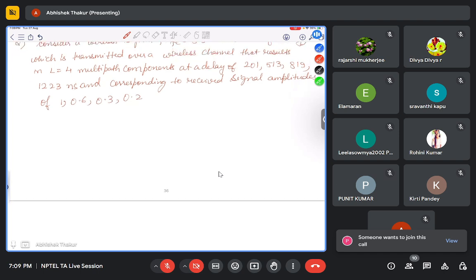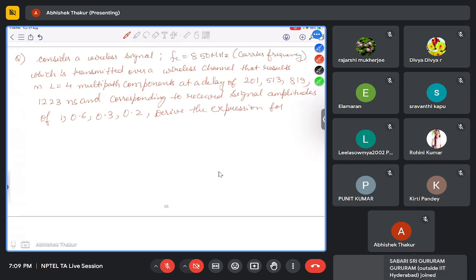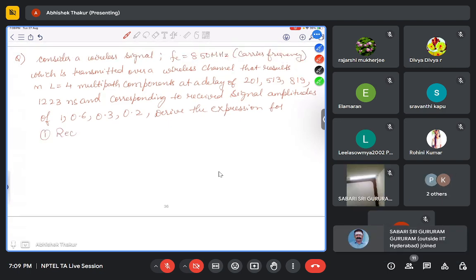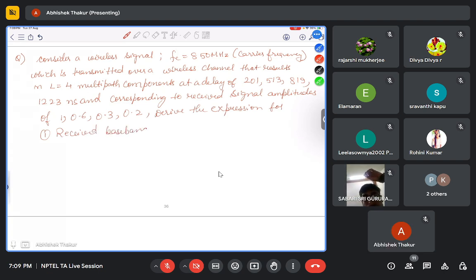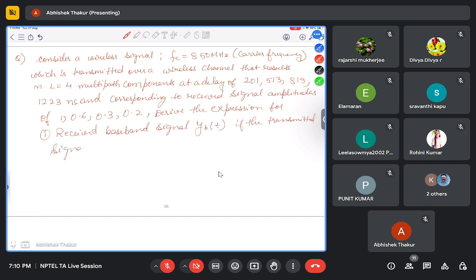Now we have to find two things. Derive the expression for, first, the received baseband signal y_b(t) if the transmitted signal is s_b(t).